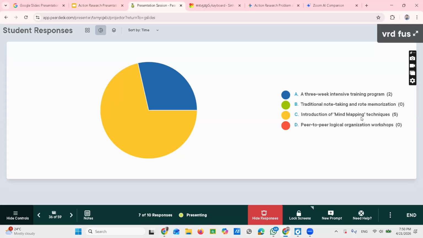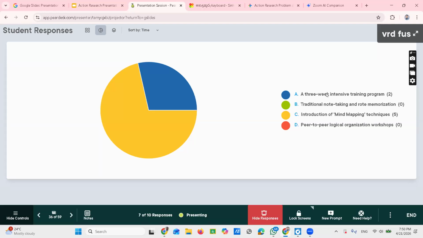Then two of you marked the blue color one, a three-week intensive training program. That's the way of doing this problem solution. Right. That's the way of doing things. How actually you are doing these things is through an intensive training program. But the technique you are using to solve that problem is mind mapping.